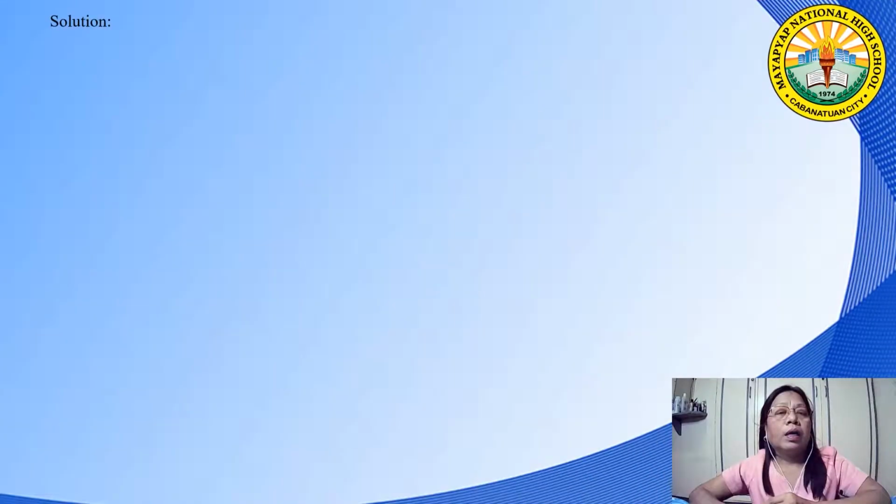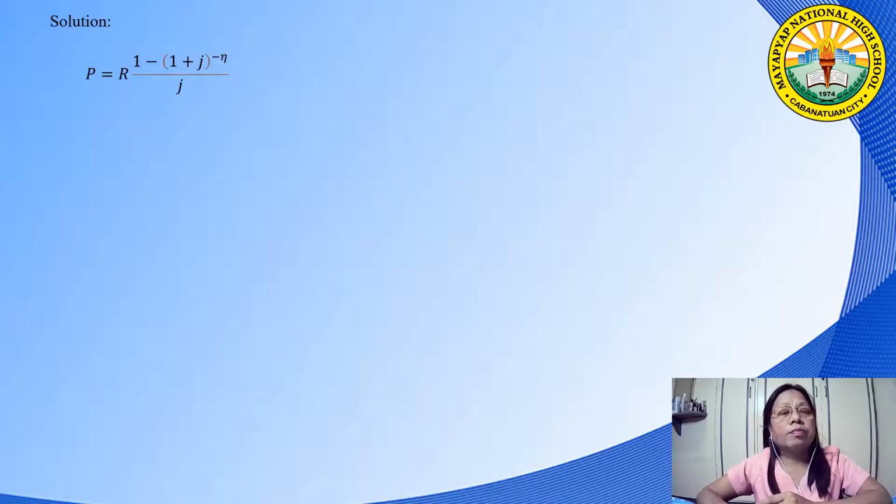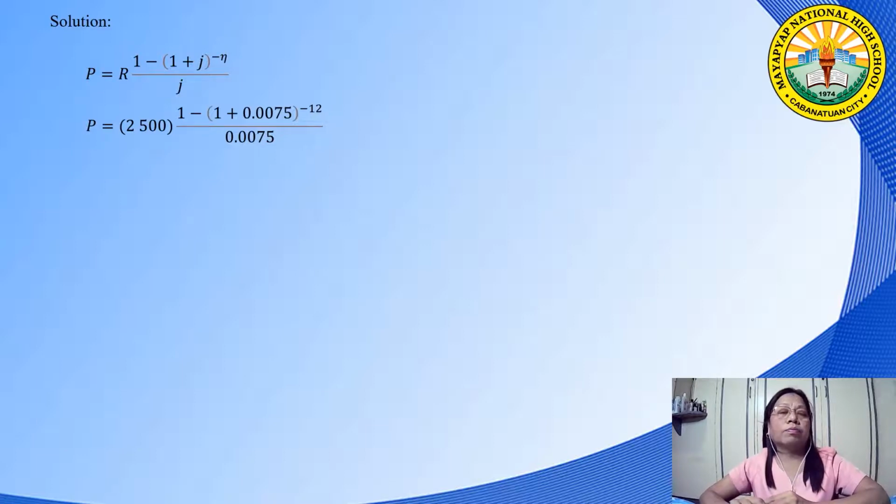From the formula of P, just replace all the given values. Regular payment is 2,500 multiplied by 1 minus quantity 1 plus j raised to negative 12, over j. So P equals 28,587.28.